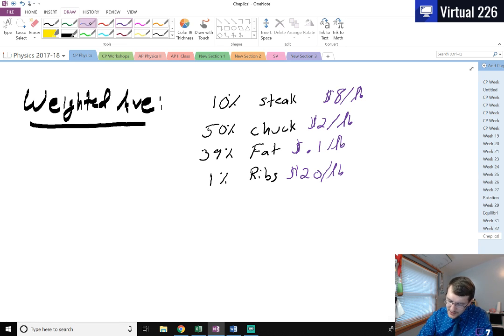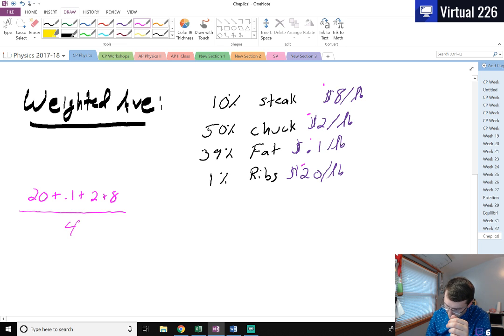Let's say ribs are like $20 a pound. Now, if we did just a traditional average here, and we can't do that, but let's see what would happen and why it would be wrong. If we did a traditional average, you might think to go 20 plus 0.1 plus 2 plus 8, because those are the 4 costs that we have. And then we could divide that by 4.